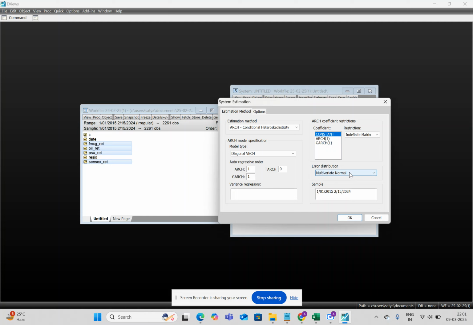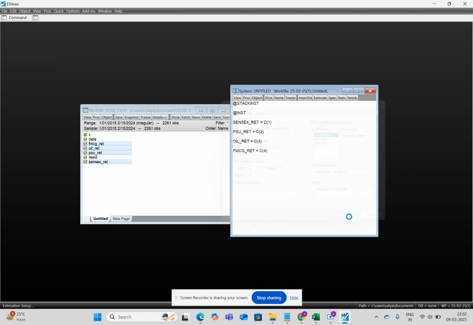For error distribution, we can keep multivariate, but Student's t is better because it incorporates a distribution which has fat tails, and generally financial time series have that kind of distribution with fat tails. However, GED is better since we do not have that option. Let us keep it. So let's do okay.